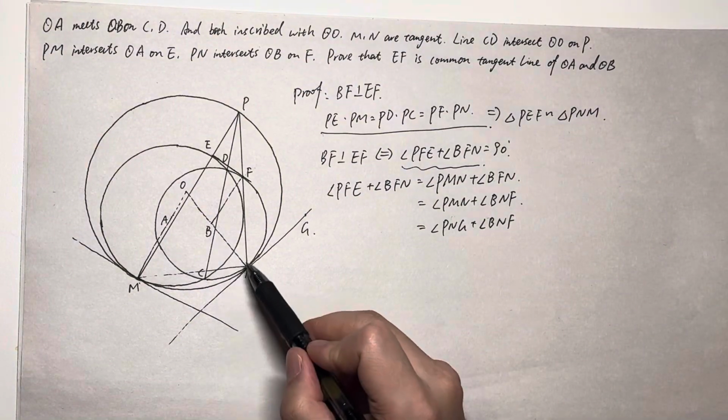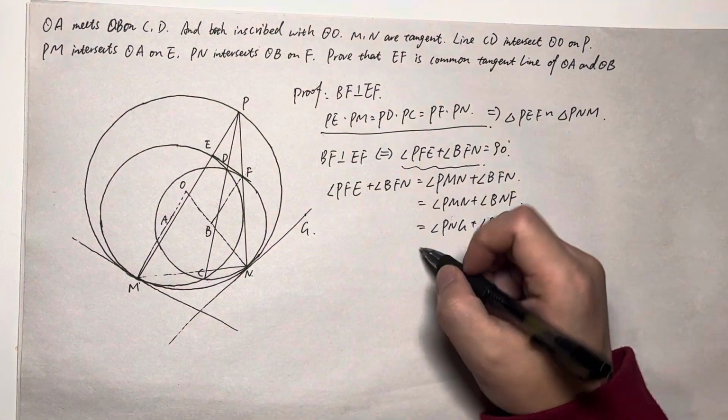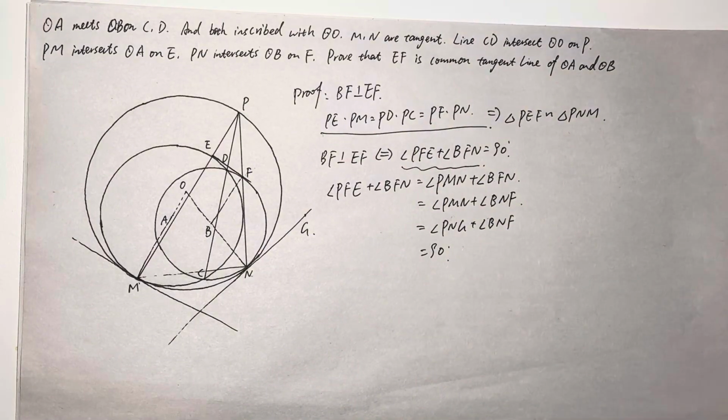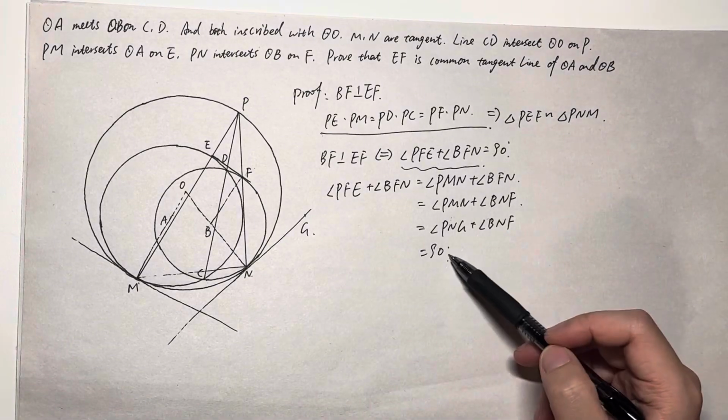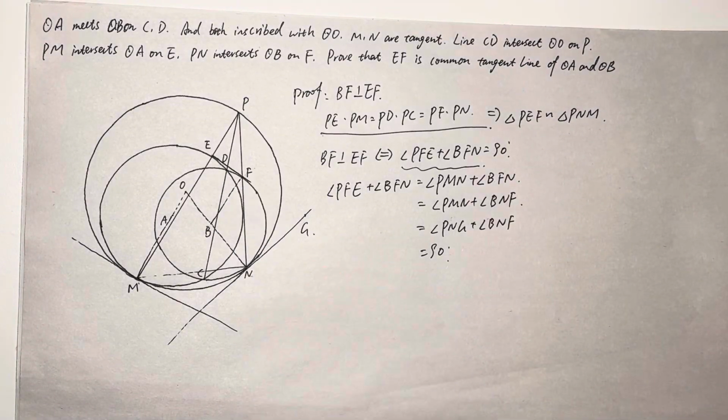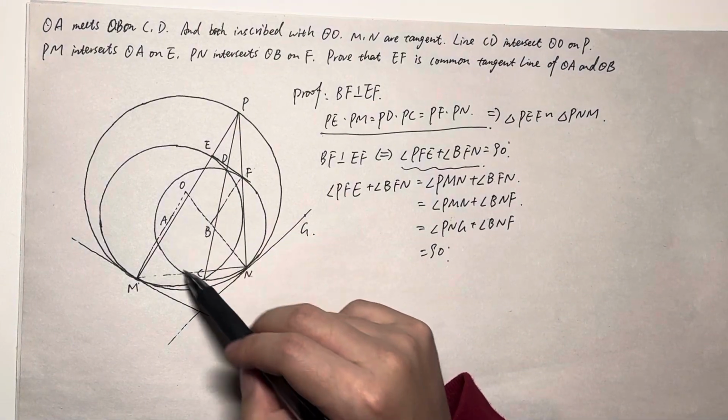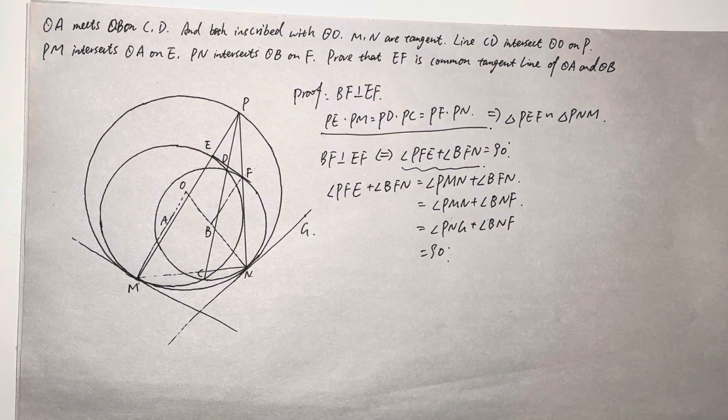And we already know that BN is perpendicular to NG, so it equals 90 degrees. That's it. We just proved that BF is perpendicular to EF. Then we know that EF is a tangent line of circle B.